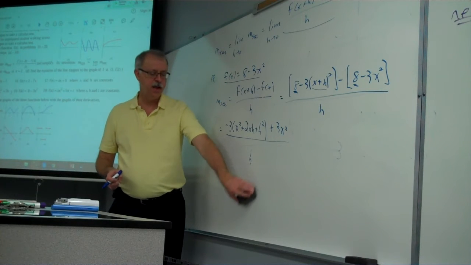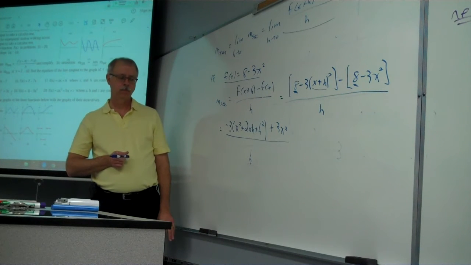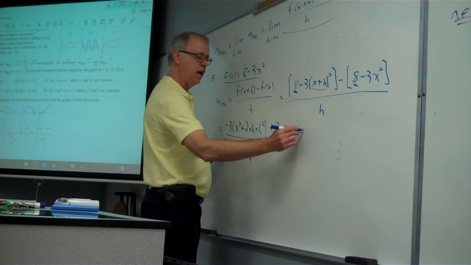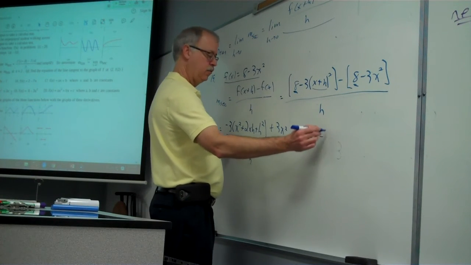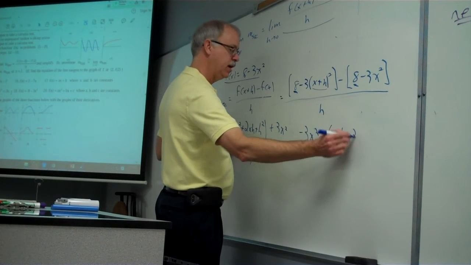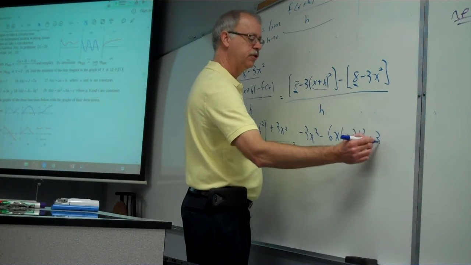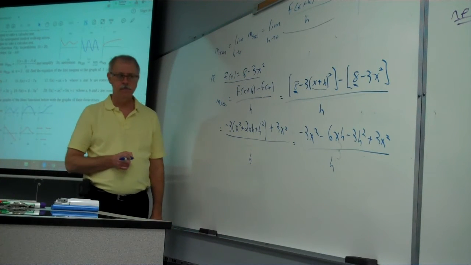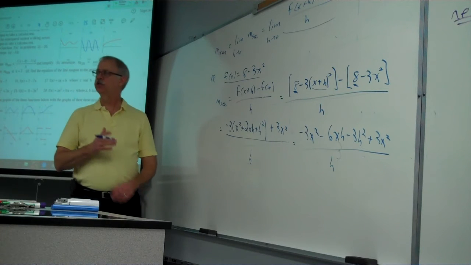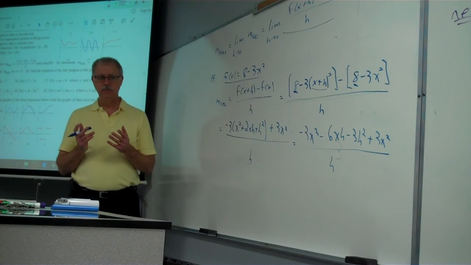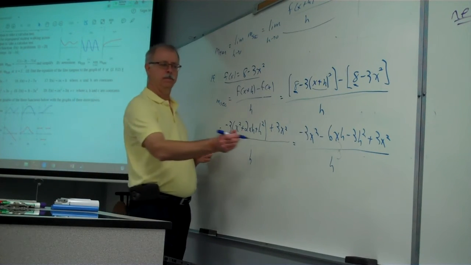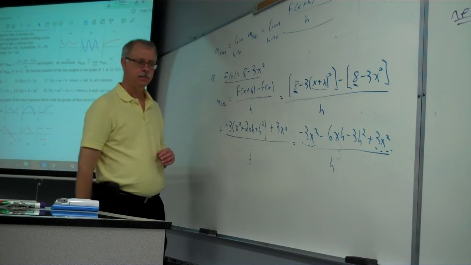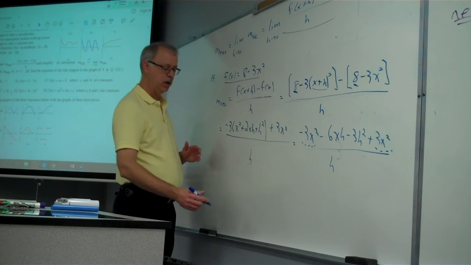So I did go ahead and take out the 8's as well. If we distribute this through, minus 3x squared minus 6xh minus 3h squared plus 3x squared, all over h. Anything else simplified? We've got a minus 3x squared and a plus 3x squared. That goes away.